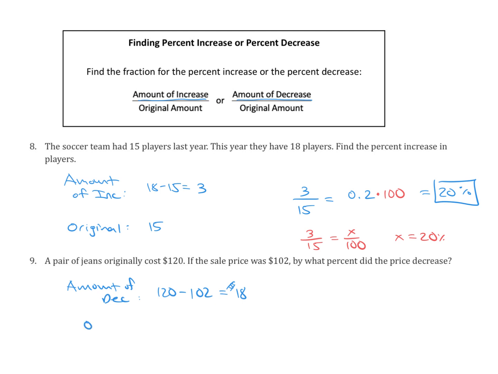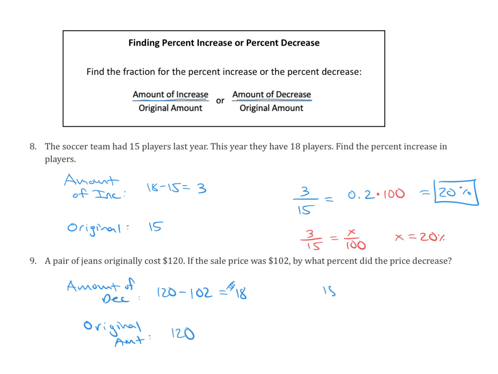And then always identify the original amount. In this case, since the jeans started at 120 and then went down to 102, the original amount is 120, the higher number this time. So 120 was the original amount.